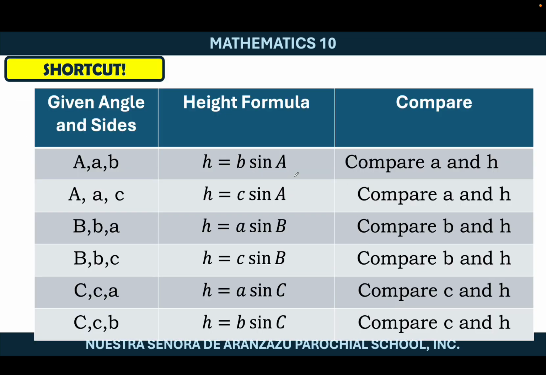Now, ito, wag nyo na itong kabisaduhin. Okay? Madali na lang yun eh. Pinaka-basis natin, your height is equal to the other side times the sine of the angle, or yung given na angle. Okay?